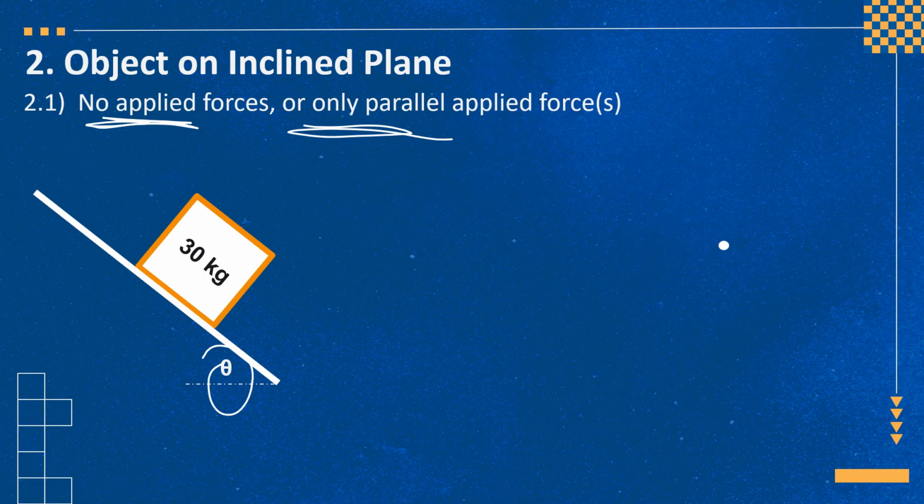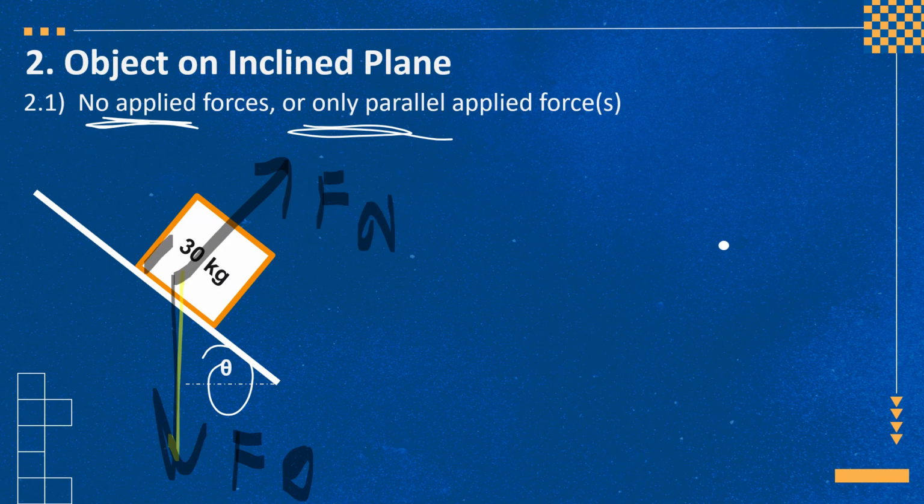Now, if there's no other applied forces and the box is just sitting there, we know that gravitational force is definitely acting on the box, and then of course your normal force. And remember to always draw your normal force perpendicular to the surface.